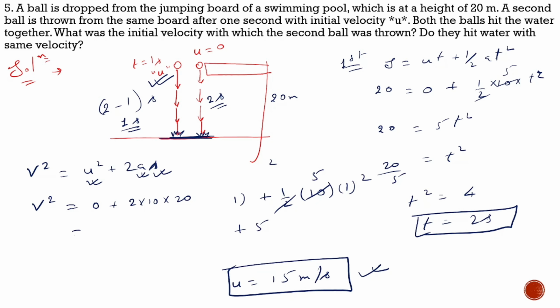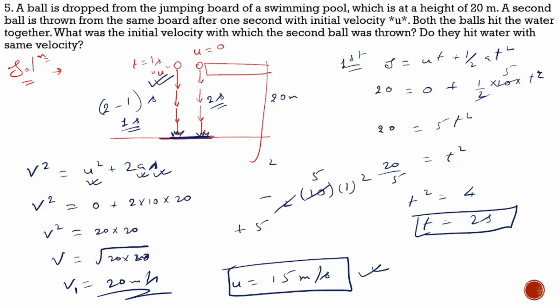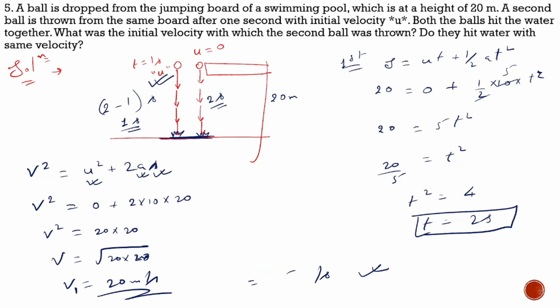Distance was 20 meters. So v square equals 2 into 10 into 20, 20 into 20. V is equal to root under 20 into 20, that is 20 square. So v is equal to 20 meter per second. It was for the first ball. Let us take it as v1. The final velocity of the first ball we found as 20 meters per second.